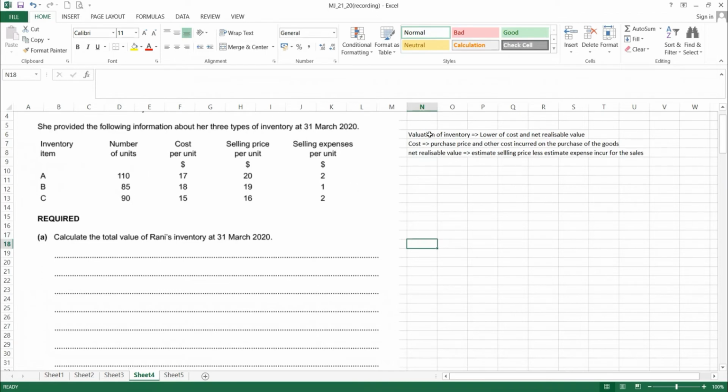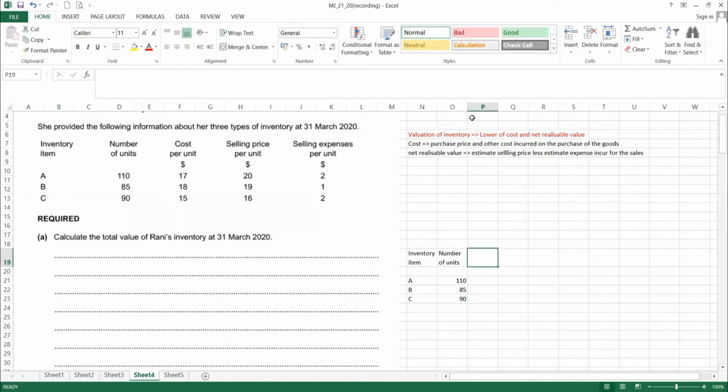To calculate this one, based on this valuation, lower of cost and net realizable value, we need to see the 3 items in here. Inventory items A, B, and C. And number of units: 110, 85, and 90.